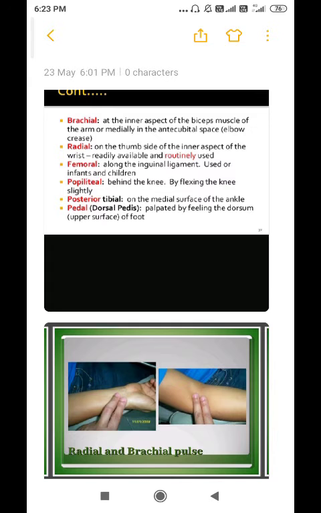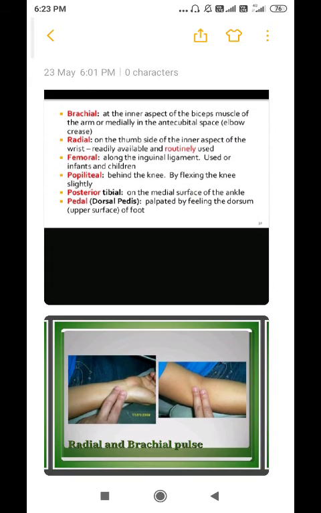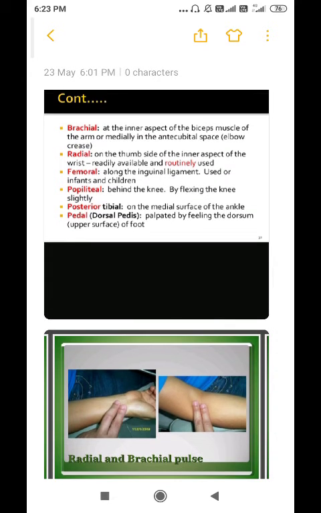Okay, and radial, on the thumb side of the inner aspect of the wrist, readily available and routinely used. And femoral, see the picture here, radial and brachial pulse, how to check. Femoral, along the inguinal ligament, used for infants and children. And popliteal, behind the knee by flexing the knee slightly.